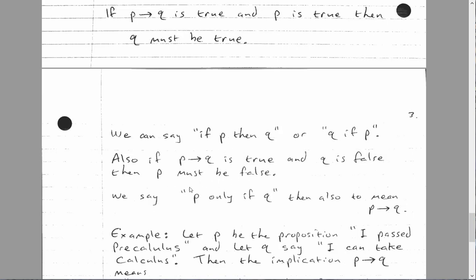So we can also write this implication as P only if Q. Because if Q is false, then P has to be false. So for P to be true, Q has to be true.